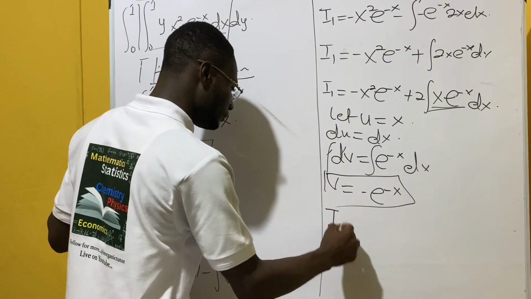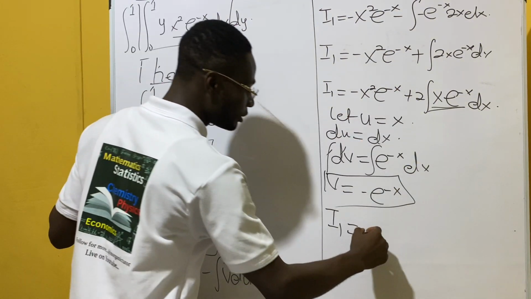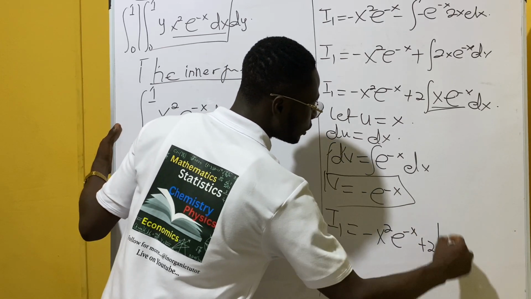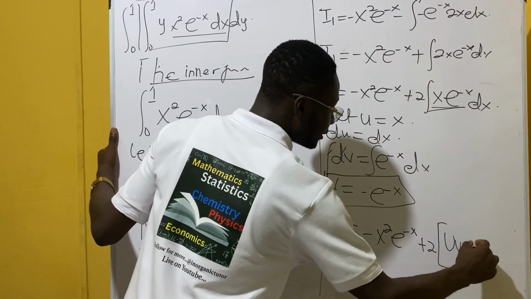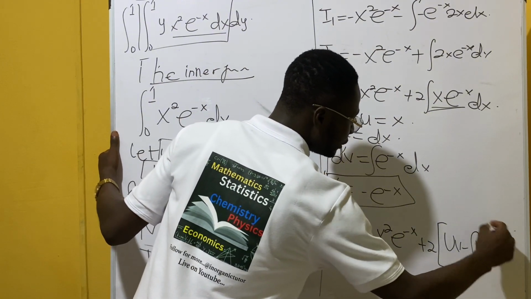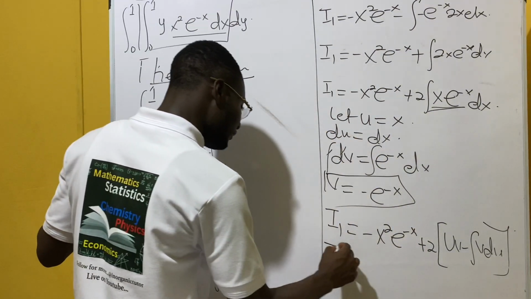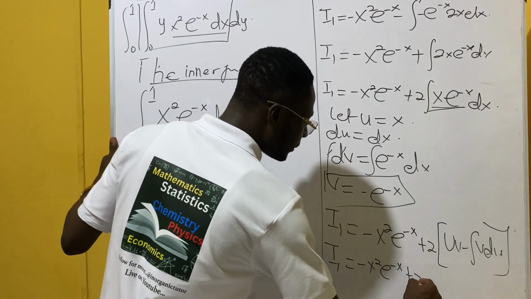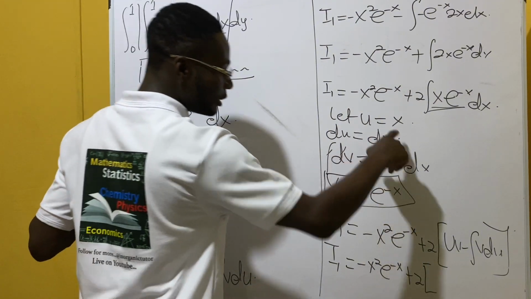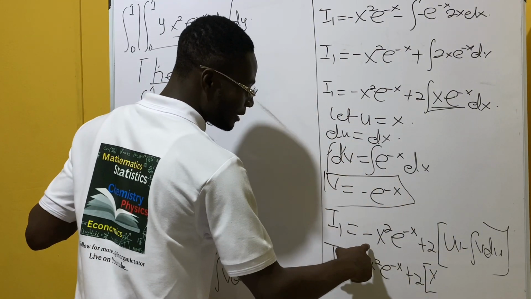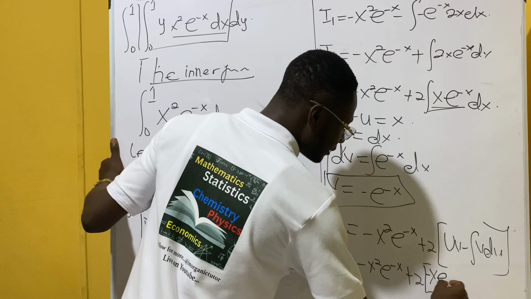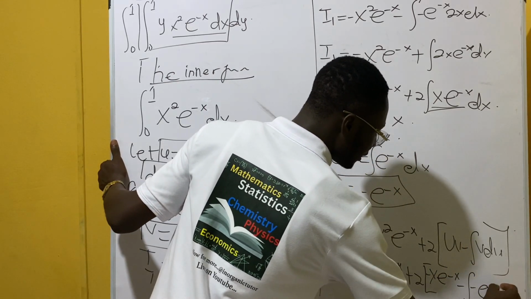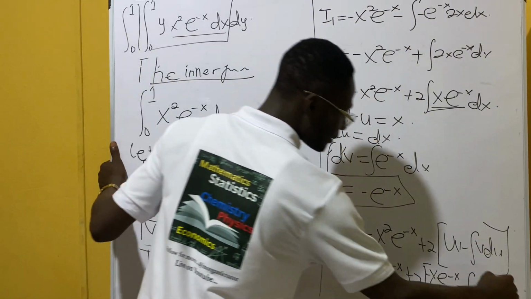Back substituting, we have negative x squared e power negative x plus 2 times uv minus the integral of v du. Our u is x, our v is negative e power negative x, minus the integral of negative e power negative x, and our du is dx.